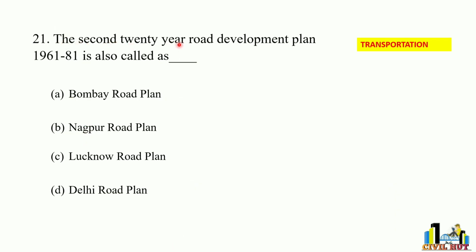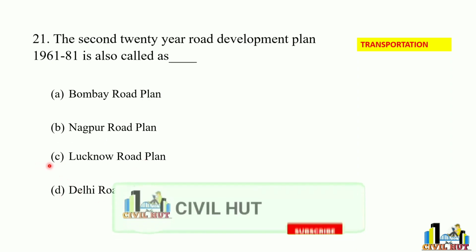The second 20-year road development plan 1961 to 81 is also called: A Bombay Road Plan, B Nagpur Road Plan, C Lucknow Road Plan, D Delhi Road Plan. These are transportation questions.